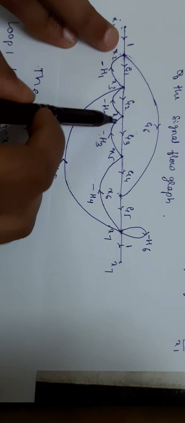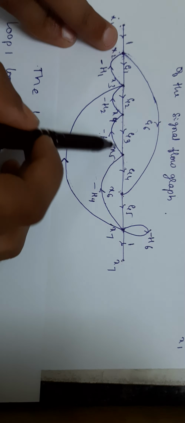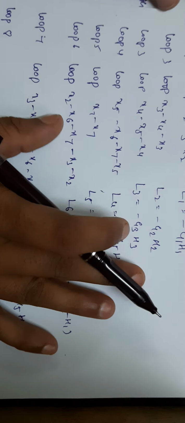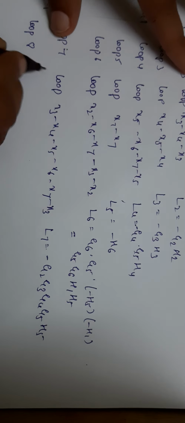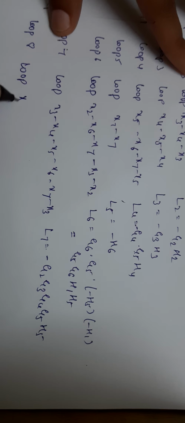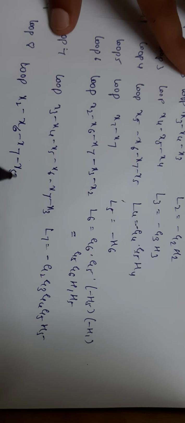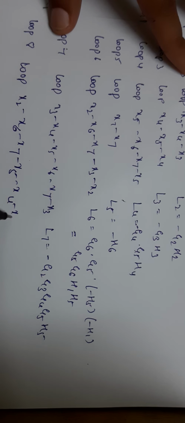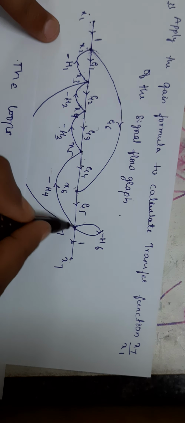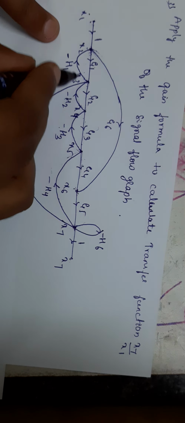There is no coincidence, a path is moving like this. So what is the path for loop number 8? x2 to x6, x6 to x7, x7 to x5, x5 to x4, x4 to x3, x3 to x2.